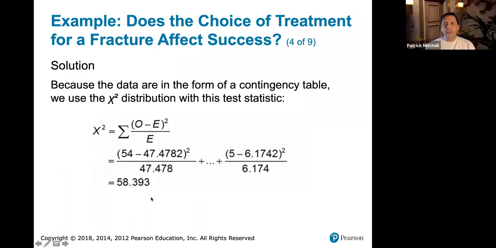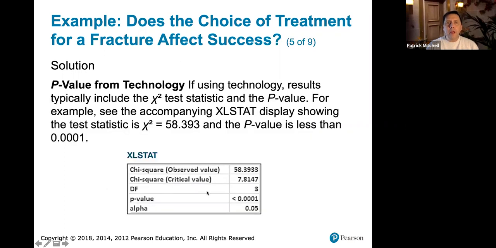Because the data are in the form of a contingency table, we use the chi-square distribution with this test statistic. And you just saw me doing this over in Excel: 58.393. All right, so to get the p-value, we'll use technology. If using technology, results typically include the chi-square test statistic and the p-value.